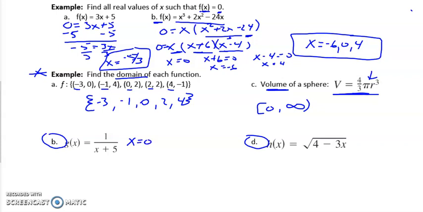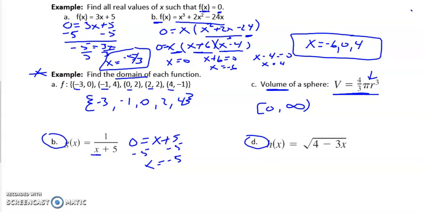So 0 equals the denominator, which is x plus 5. Subtract 5 from both sides, and you get x equals negative 5. So that value of negative 5 makes the denominator 0. If I plugged it in for x here, negative 5 plus 5 would be 0.